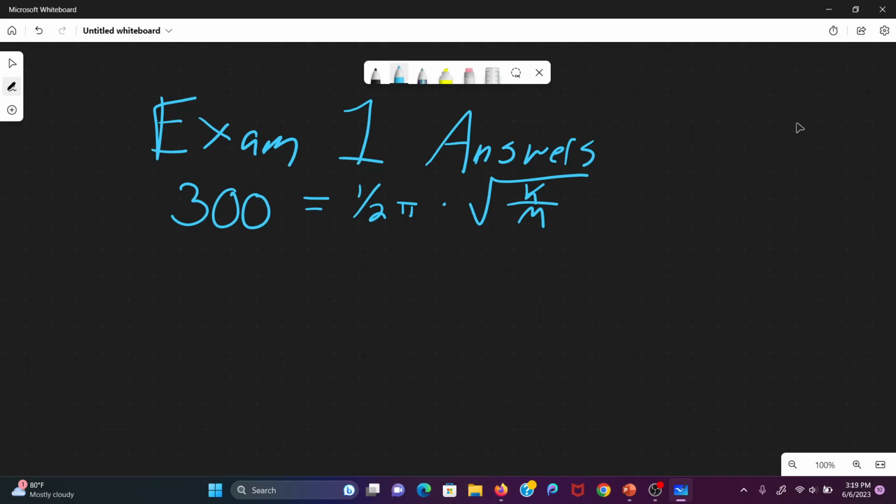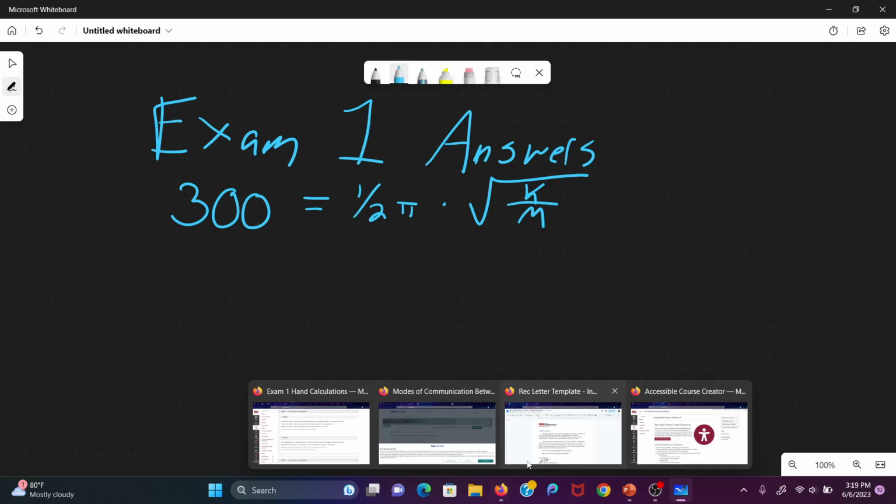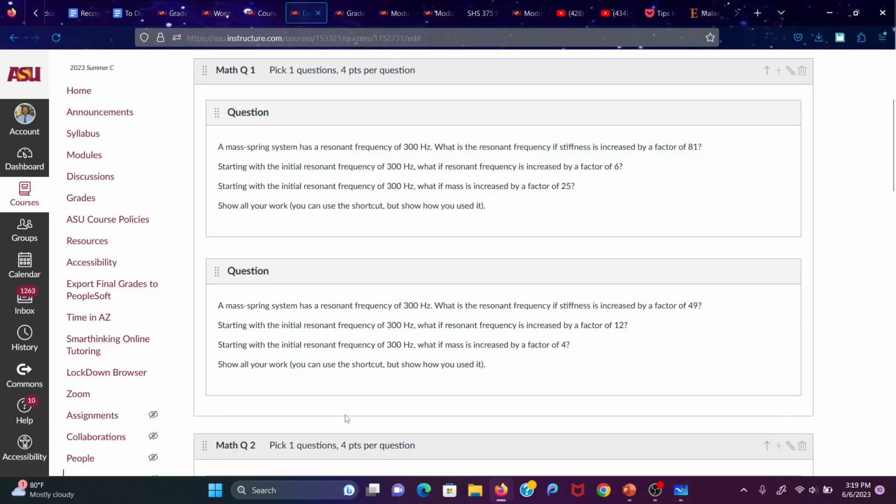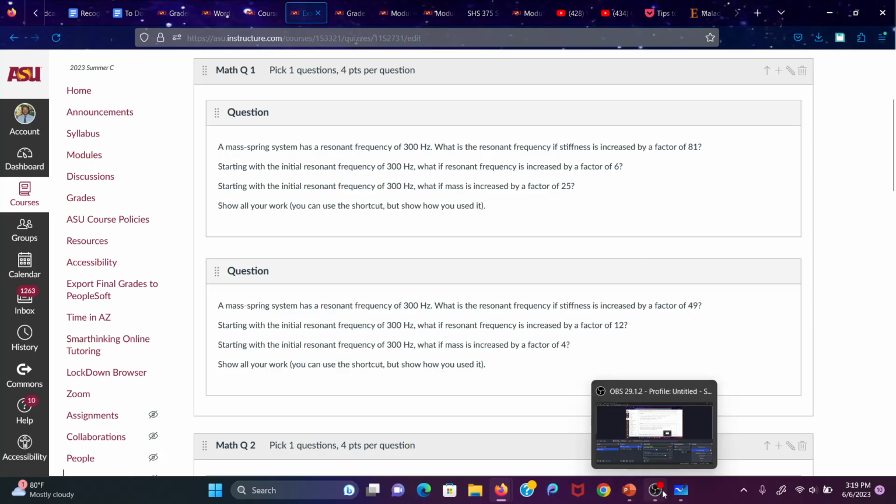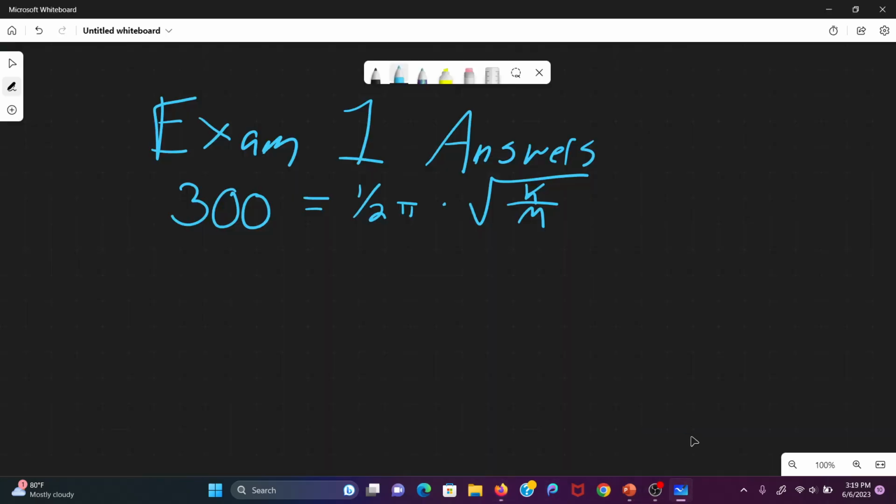So first one, let's go back. Okay, stiffness is increased by a factor of 81, resonant frequency is increased by a factor of 6, and mass is increased by a factor of 25. So, back over. K is increased by a factor of 81.